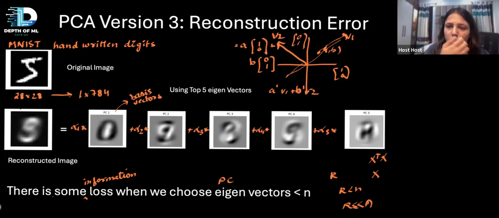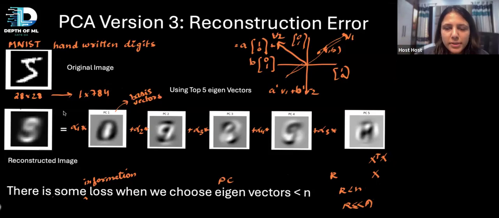Okay. So Harshit, I'm not talking about feature selection as of now. All I'm talking about is that whenever you do dimensionality reduction, whenever you use PCA, and you choose principal components less than n, where n is the total number of dimensions that you already had in the data, now you have chosen to represent your data in a lesser number of dimensions, and k can be much less, right? For example, here, the total number of features I had was 784.